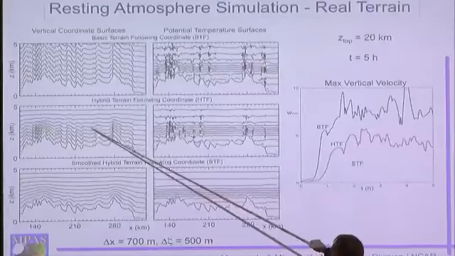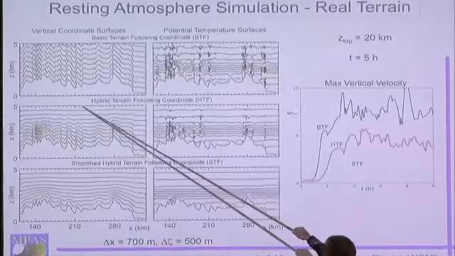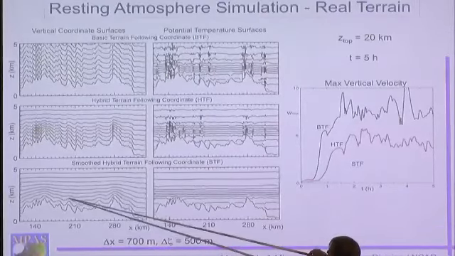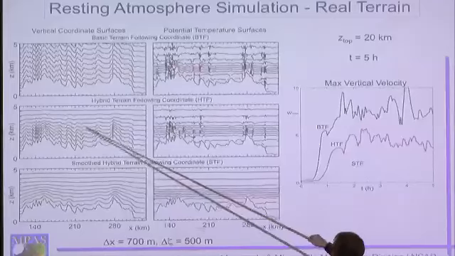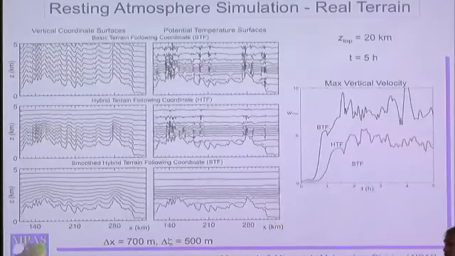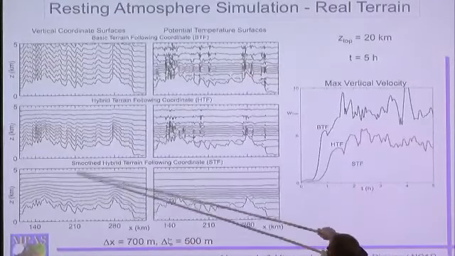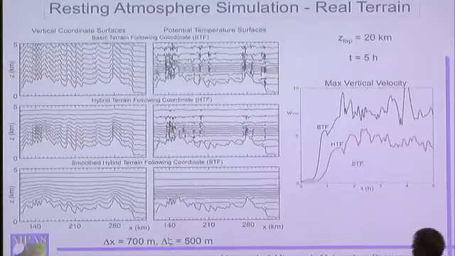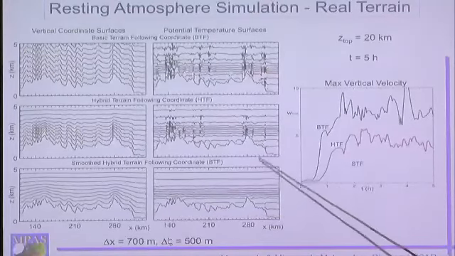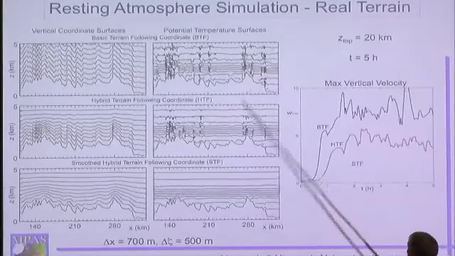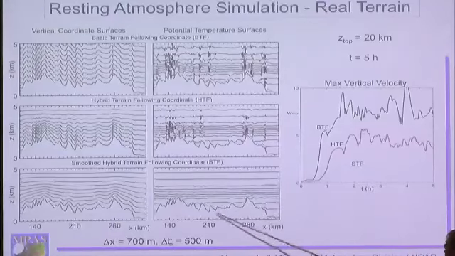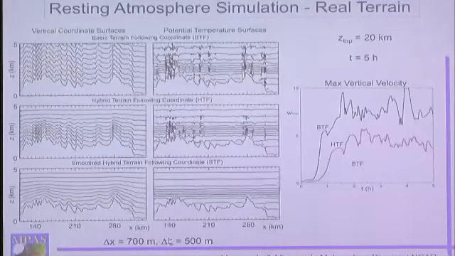Here you can see that the terrain influence is being removed rapidly, but if you also do smoothing, you can see how the smaller scale structure is being selectively removed very quickly as you get above the terrain. And again, this has an inversion that's actually intersecting the high parts of the terrain.